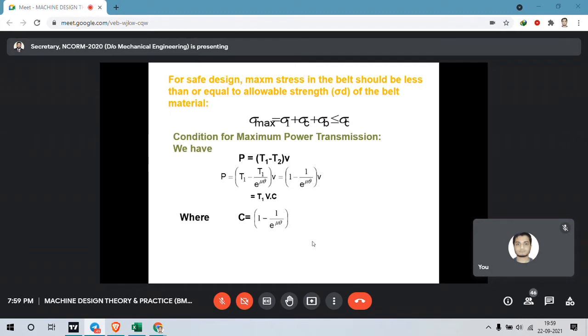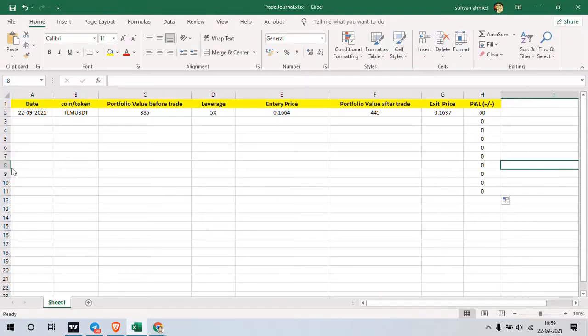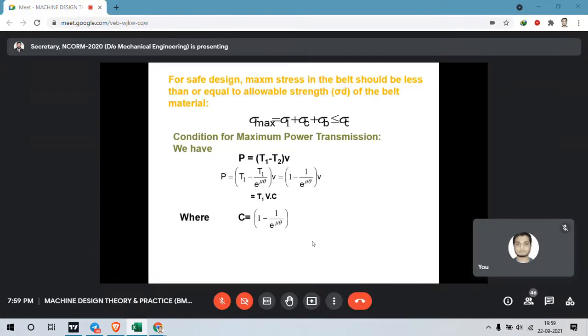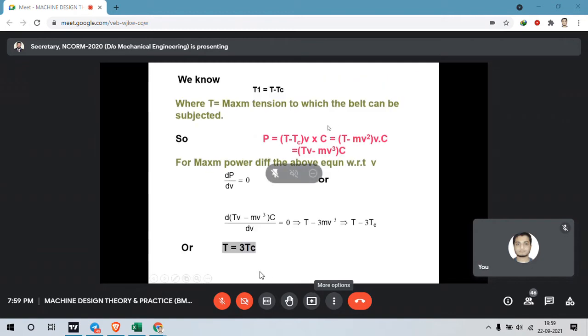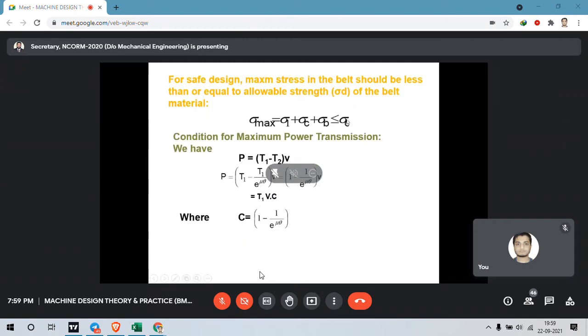The allowable strength is sigma D. The maximum stress will be equal to sigma 1 plus sigma C plus sigma B. It must be less than or equal to sigma D.